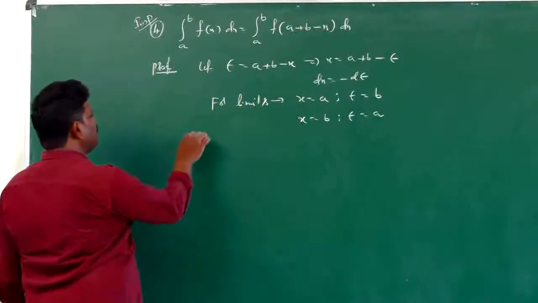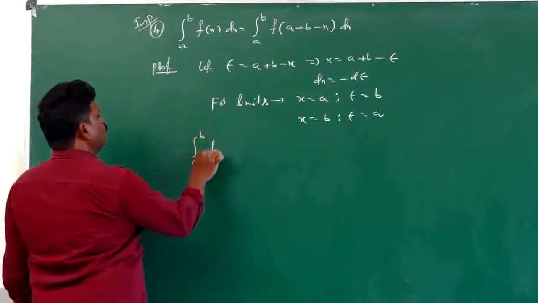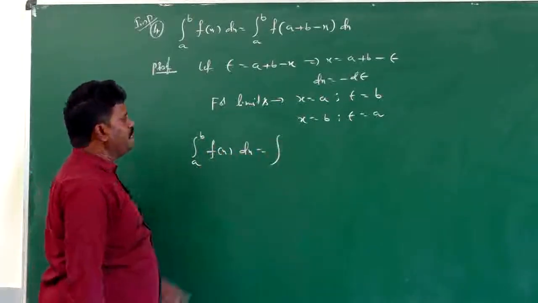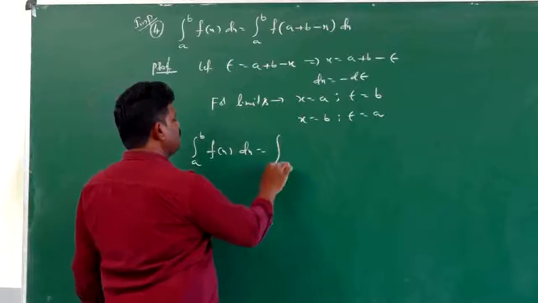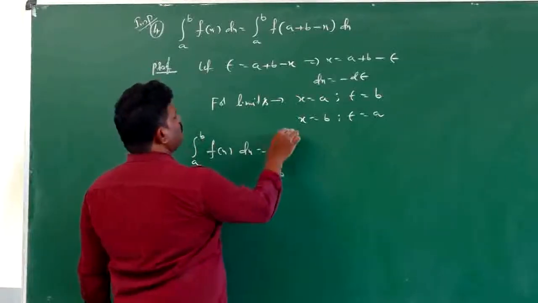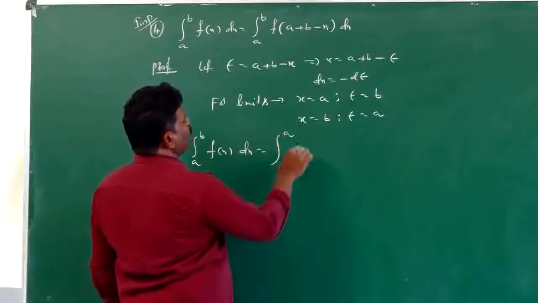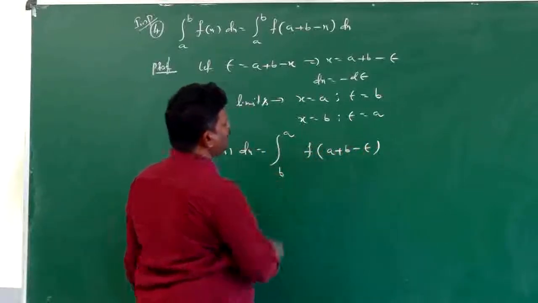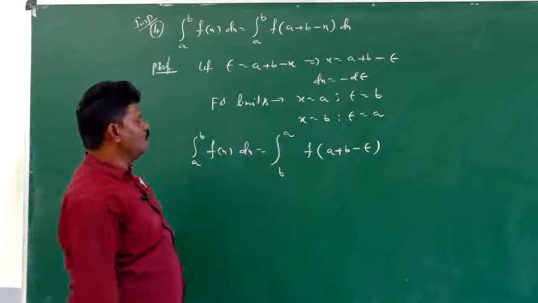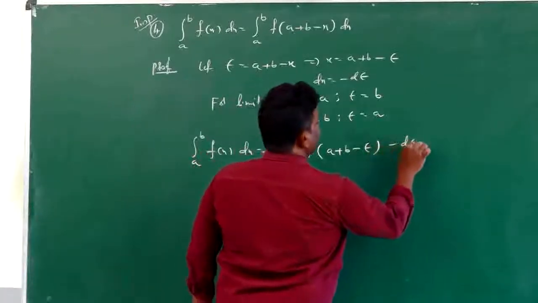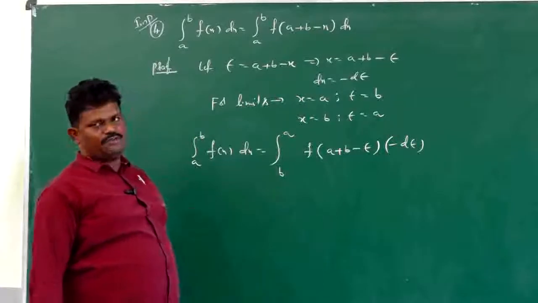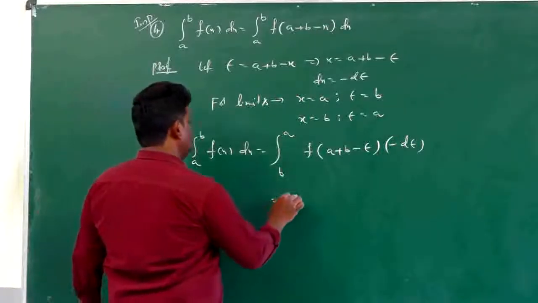Now the integral a to b f of x dx is equal to integral, x is equal to a then b, x is equal to b then a, f of x is equal to f of a plus b minus t, dx is equal to minus dt. Applying the second property, if you interchange the limits, the negative becomes positive.